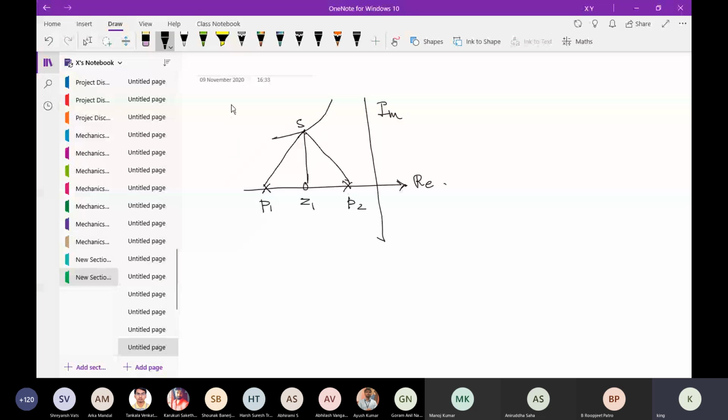Let us say we have, okay, I'll put in two complex conjugate poles as well.